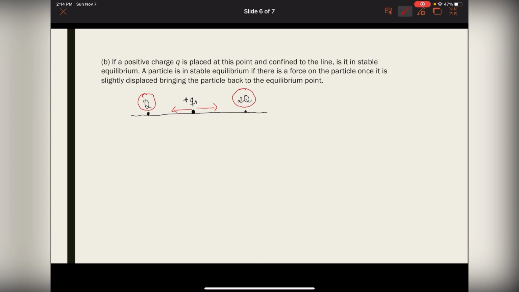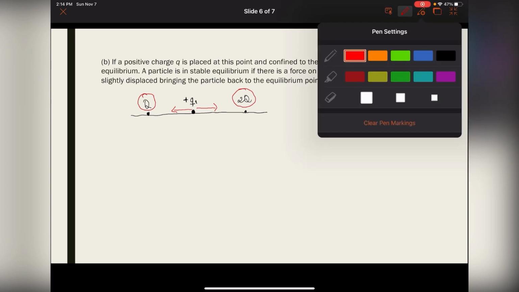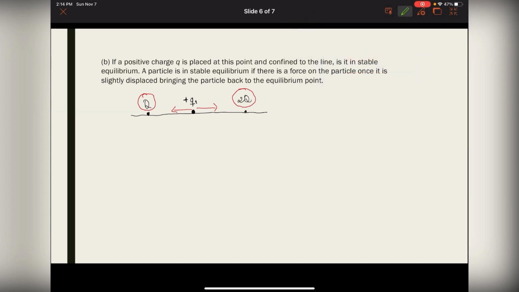So let's look at the charge 2Q. 2Q will also have two forces acting on it: the force from the positive Q prime and the force from the Q. The positive Q prime and the Q will repel 2Q, like this.